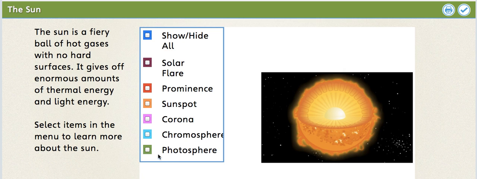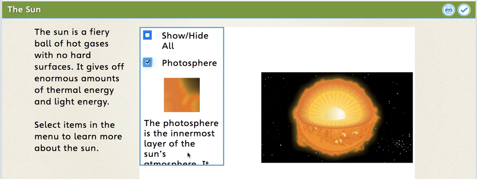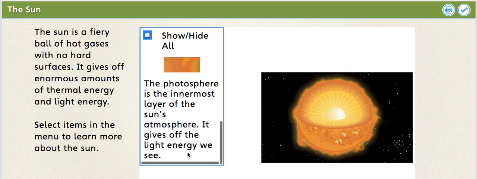The innermost layer is called the photosphere, and as a definition, the photosphere is the innermost layer of the Sun's atmosphere, and it gives off the light energy that we see. So it's here deep inside.